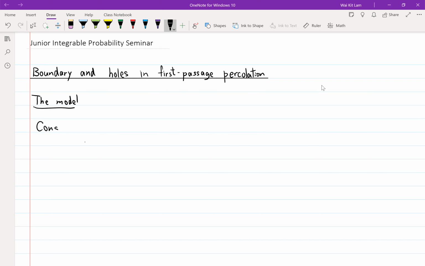First, consider the integer lattice Z^d with nearest neighbor edges. This script E^d denotes the set of nearest neighbor edges.